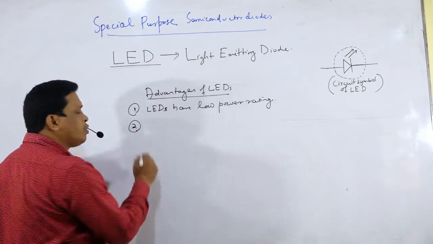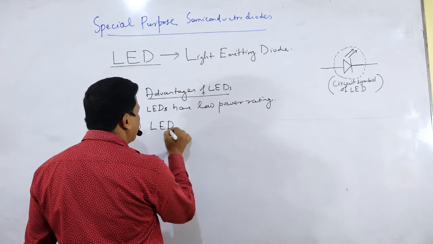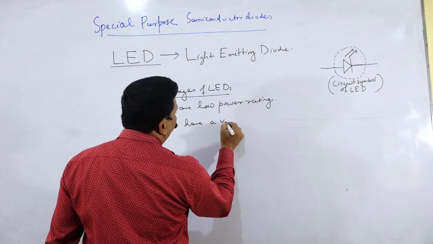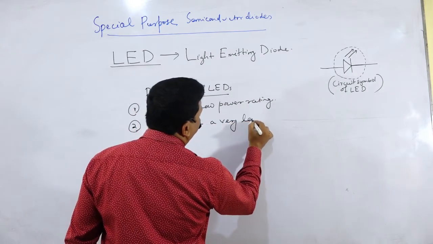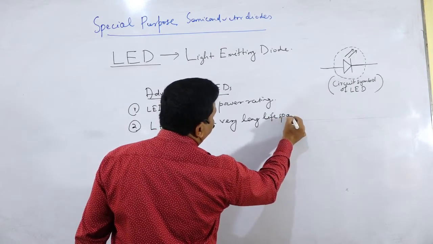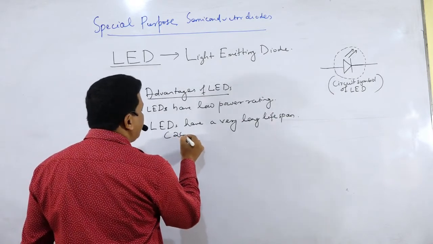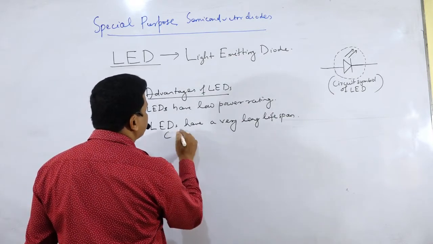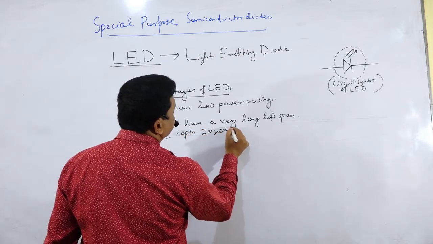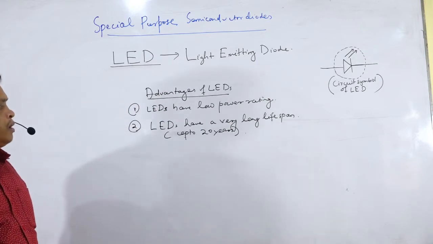Number two, LEDs have a very long lifespan, up to 20 years. So LED lamp will work for a longer period.